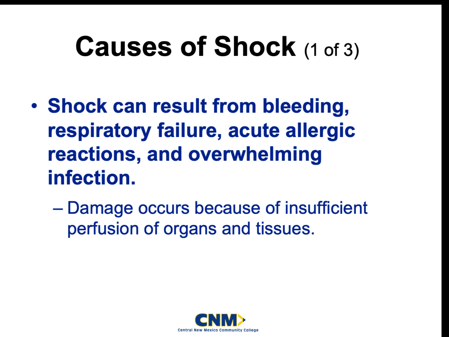We might not even be able to see this bleeding at all, okay? It could be because of respiratory failure. It could be because of acute allergic reactions, or even some kind of overwhelming infection. It could be because of a massive heart attack.